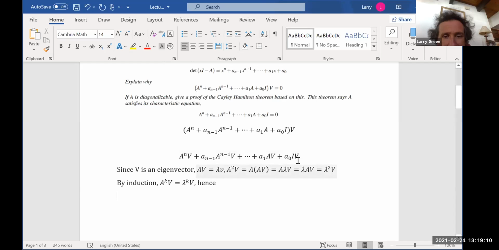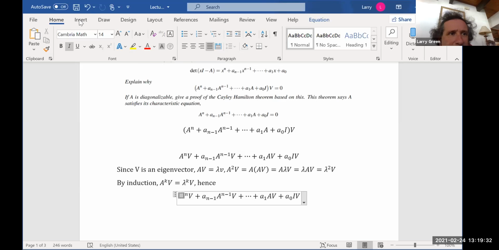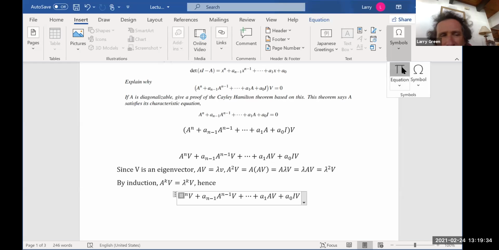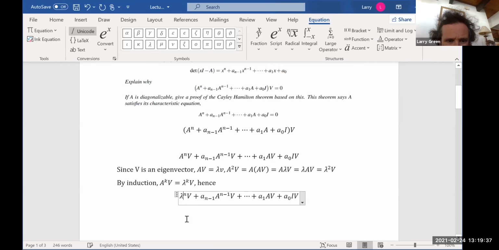So hence, now what I can do is I can take this and we know that A to the N V is lambda to the N V. So I can take that A and replace it with lambda. And similarly, this A to the n minus 1 becomes a lambda to the n minus 1.